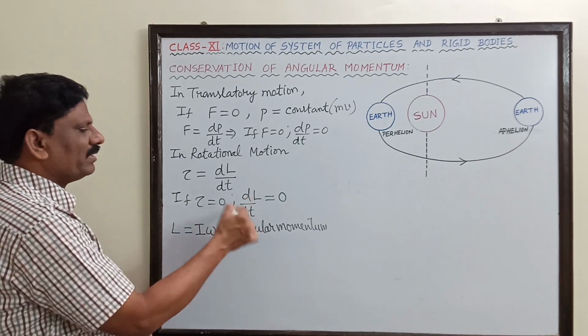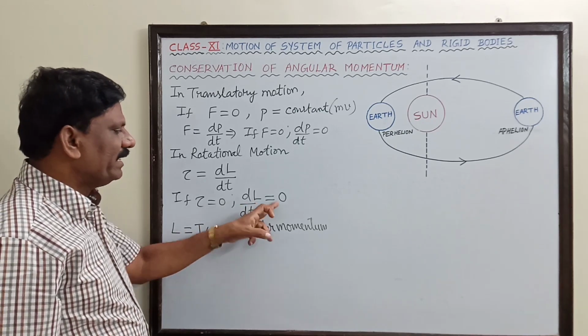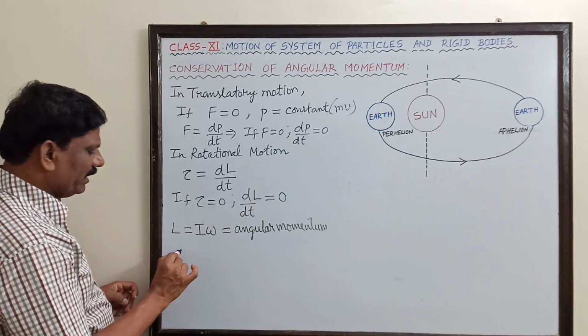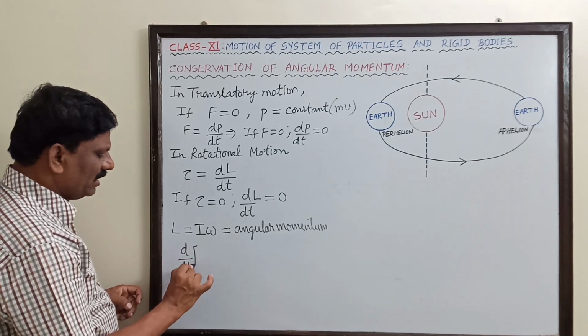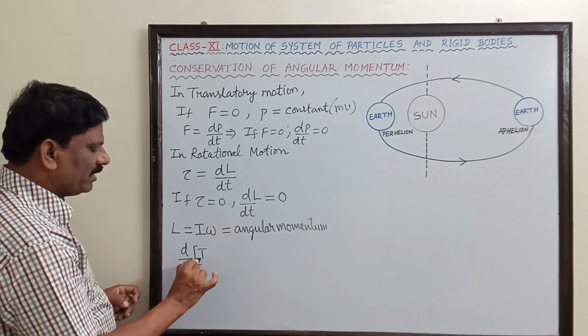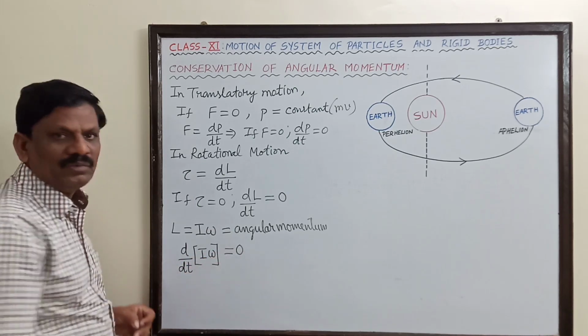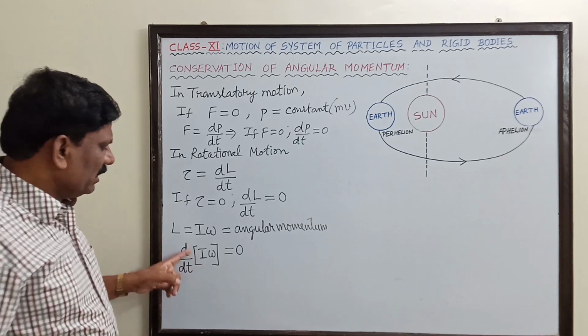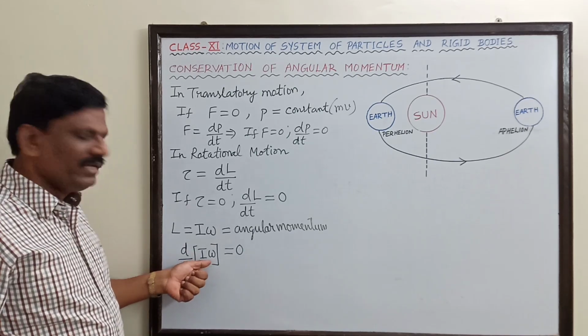In this equation, if tau is equal to 0, then dL by dt is equal to 0, or d by dt of I omega is equal to 0. So d by dt is a differentiation of the physical quantity I omega.